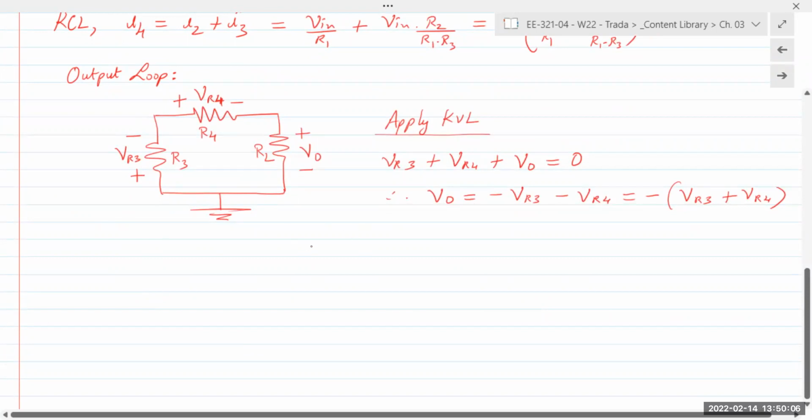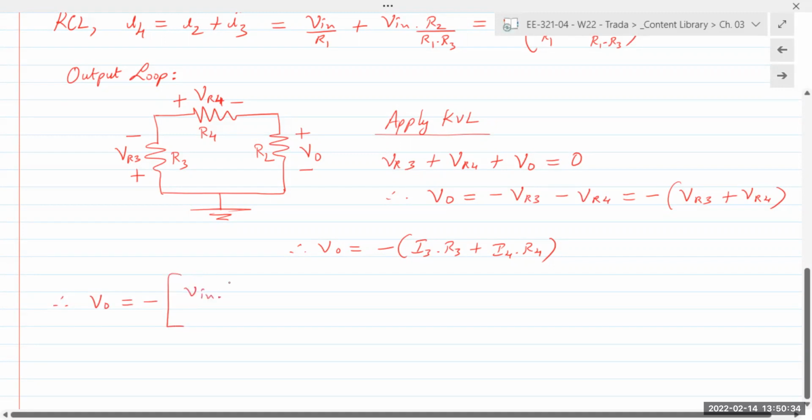So now VO is minus I3 times R3 plus I4 times R4. You plug in the values for I3 and I4 in the equation, and we can write VO is equal to, let's see, what is I3?